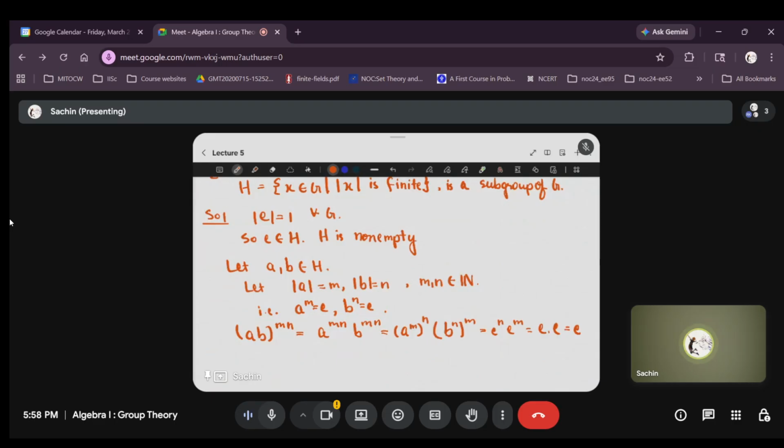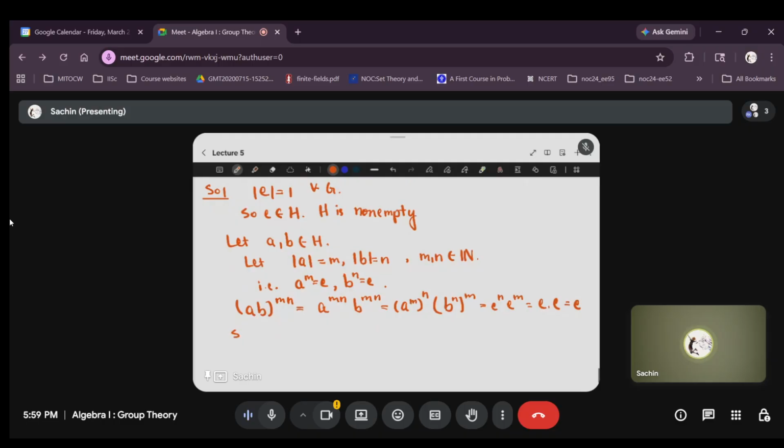So if it's Mn or less than Mn, it's still finite. So the order of AB, let's say, is finite. Thus, A, B belongs to H implies AB is in H.